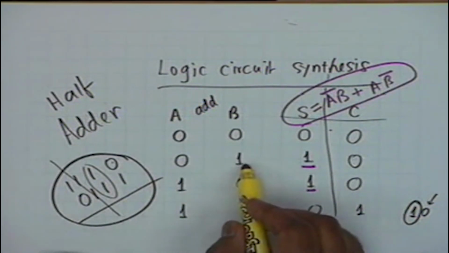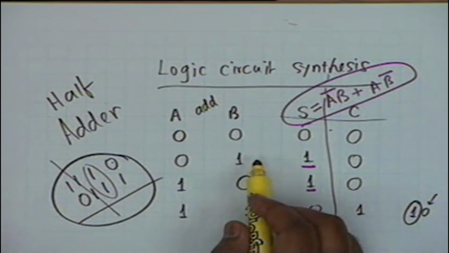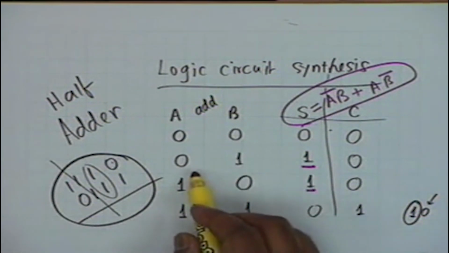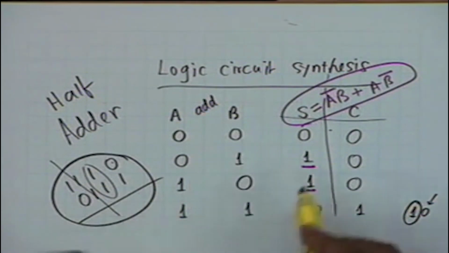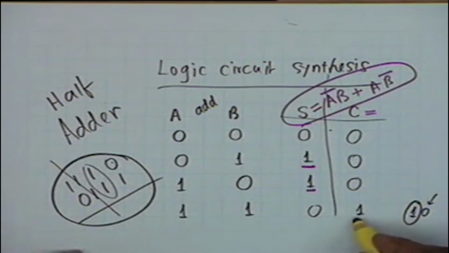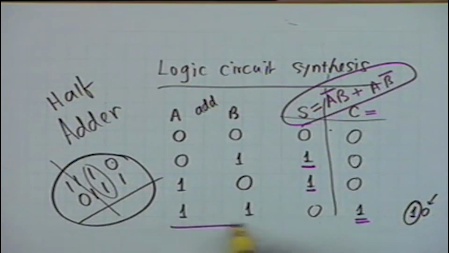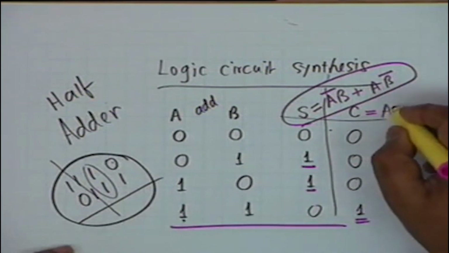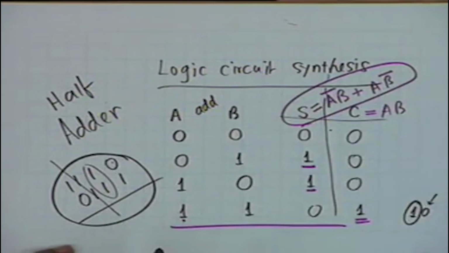Wherever the variable is 1, take the variable as it is. Wherever the variable is 0, take the variable in a complemented form. This is always true. For example, for writing C, we have only to consider this row, and in this row you see A and B both are 1, therefore C is simply equal to AB.